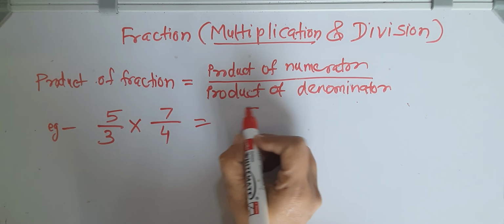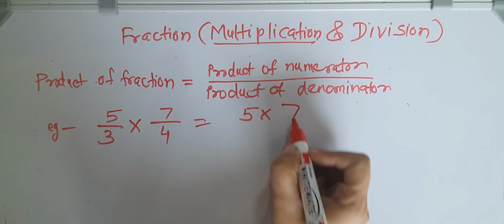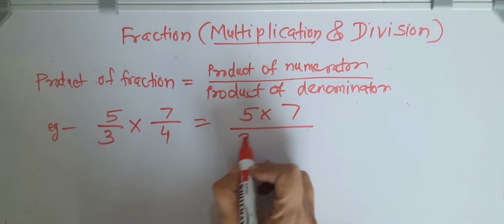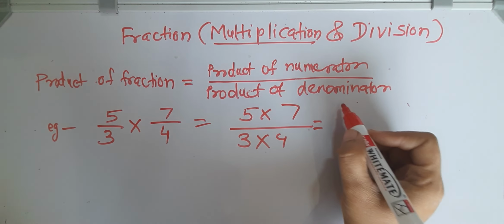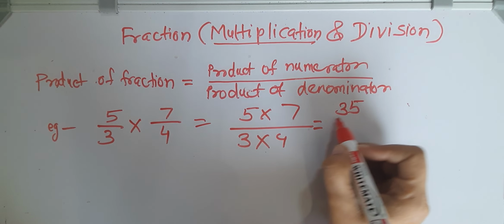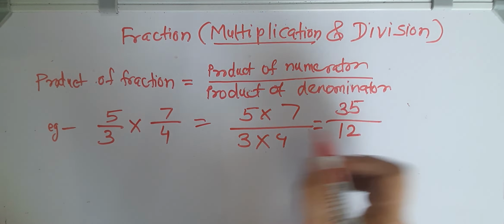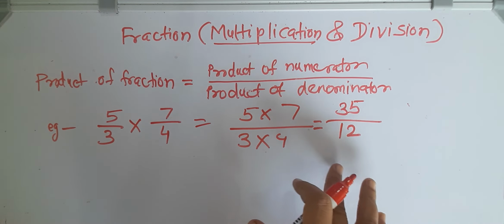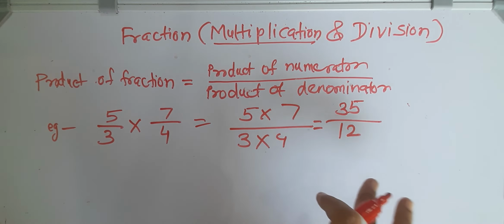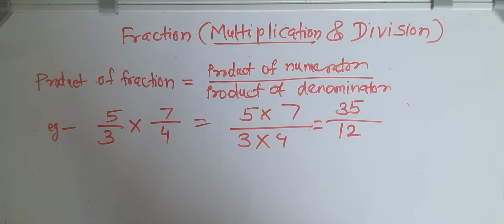Here the numerator is 5 into 7 and the denominator is 3 into 4. That gives 7 5s are 35, 4 3s are 12. This is how we find the product of fractions. Very easy, simple: multiply the numerator with numerator, denominator with denominator.